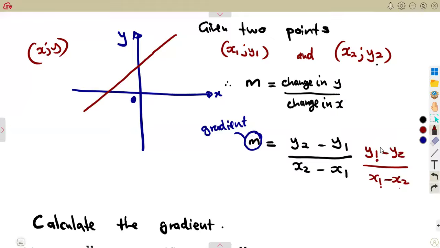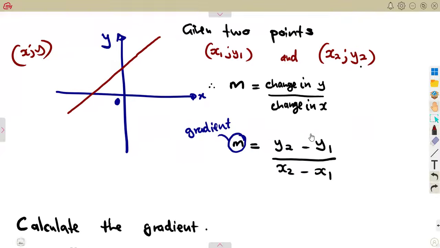This is a 1. Do not mix to say this is y2 minus y1, then here you write x2 minus x1. No, do not mix. So also just work with one formula that you understand. If you understand the latter formula, use it. If you understand this one, work with it. So that's the concept. Using the points, you can calculate the gradient.